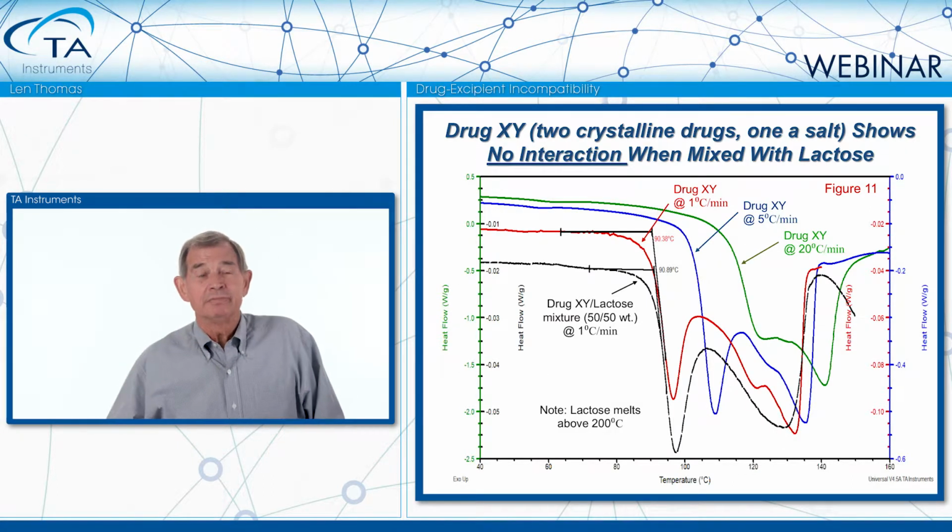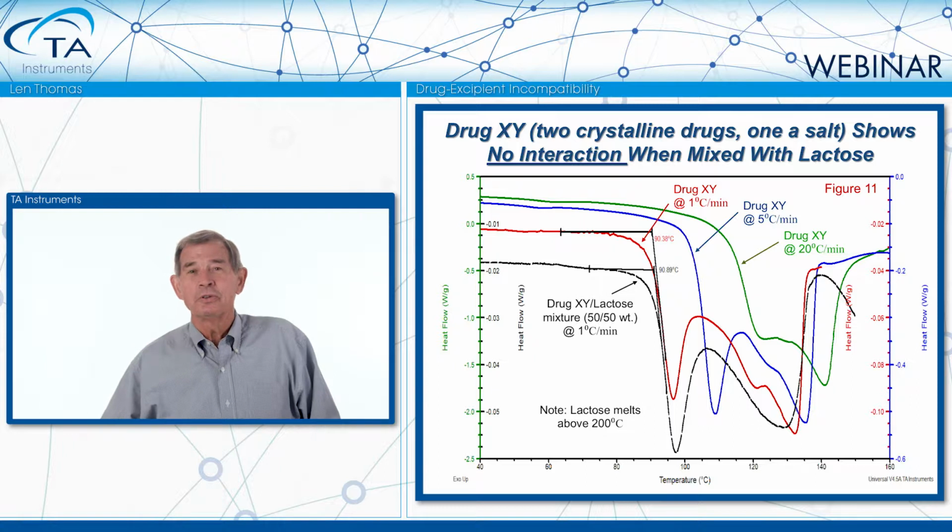Now, hopefully, not all of your experiments will show chemical interaction because you're looking for materials that don't interact. We had a paper where it stated that there may be some chemical interaction between a particular drug and lactose. So what we did was some experiments to find out whether that was true or not.